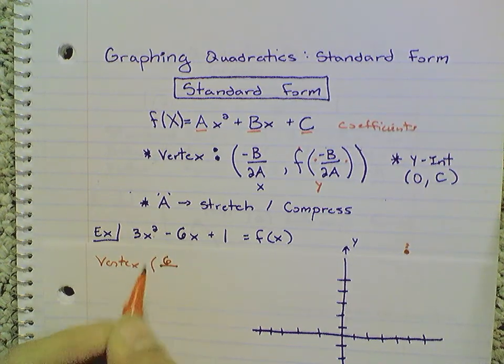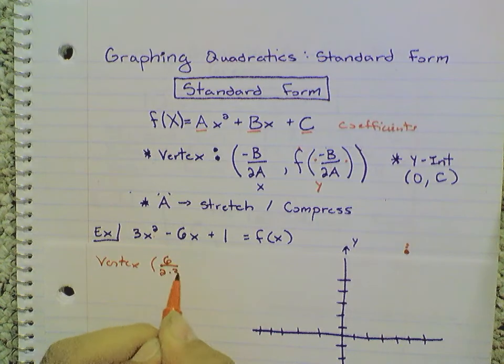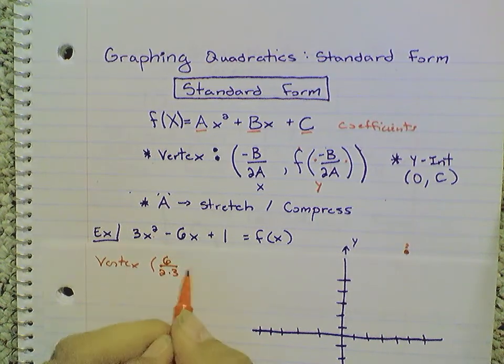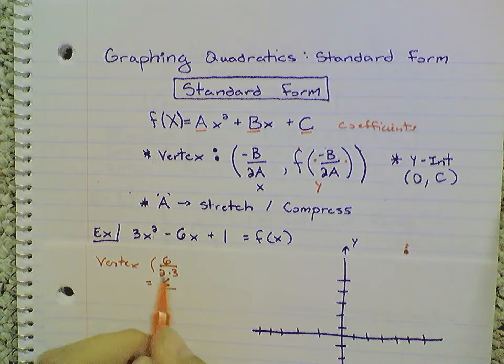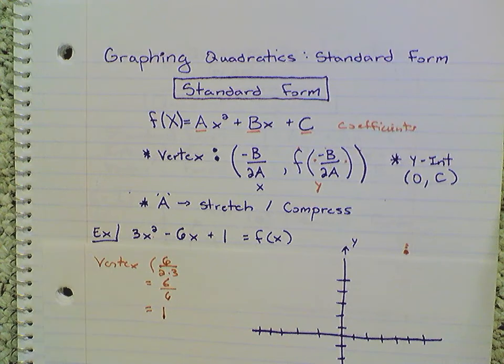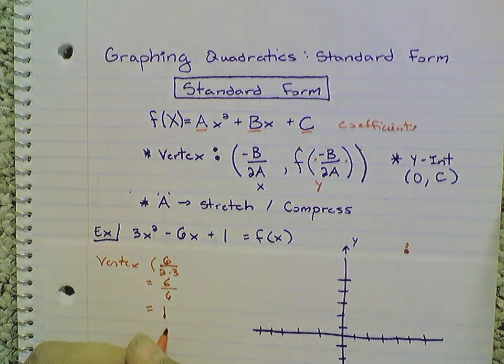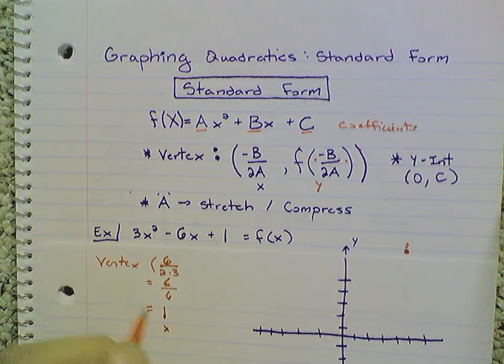And then I want to divide that by 2 times my a, which is 2 times 3. If I go ahead and do that, 2 times 3 is just 6. So I'll be left with 6 divided by 6, which is just 1. Once again, that gives me the x-coordinate of my vertex.